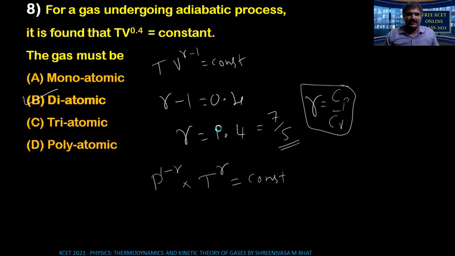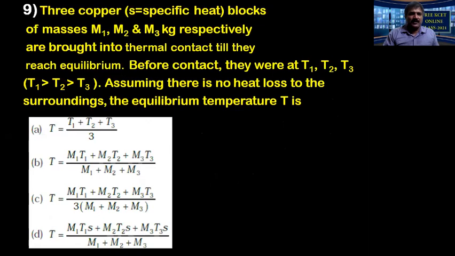Then I go to the next question, number 9. Three copper blocks of masses M1, M2, M3 kg respectively are brought into thermal contact till they reach equilibrium. Before contact, they were at T1, T2, T3 with T1 greater than T2 greater than T3. Assuming there is no heat loss to the surroundings, the equilibrium temperature is.